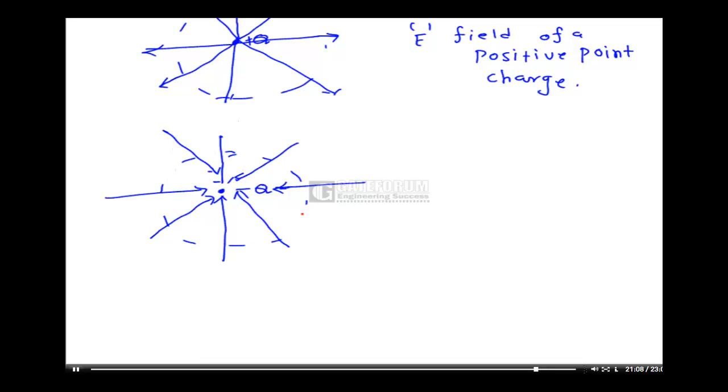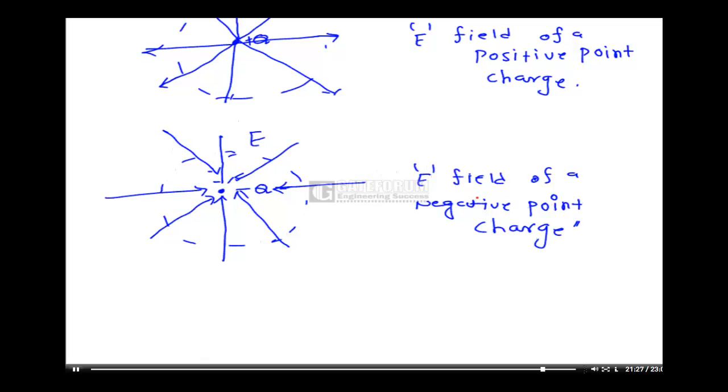Always the field lines are into the point. So this is the E field of a negative point charge.